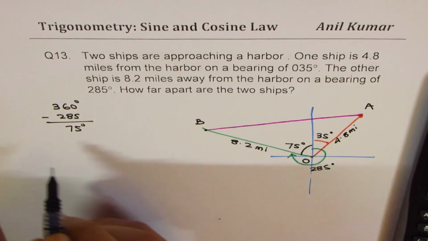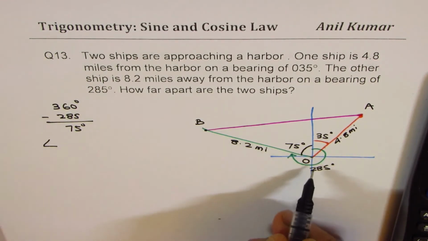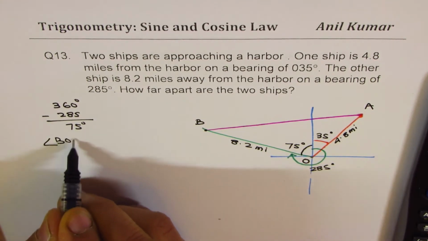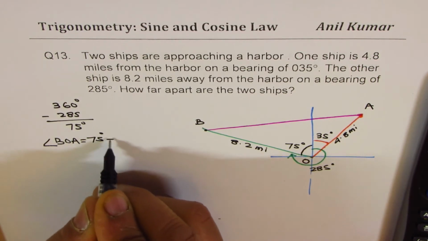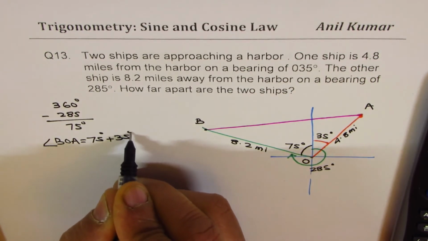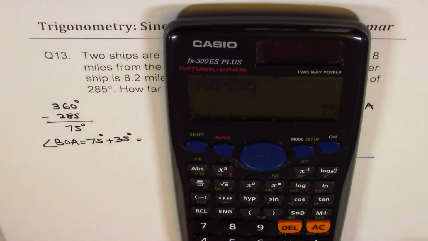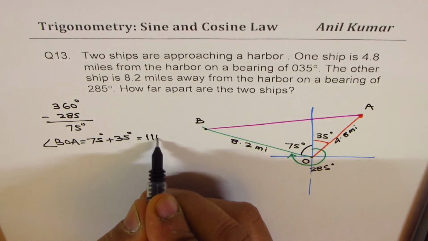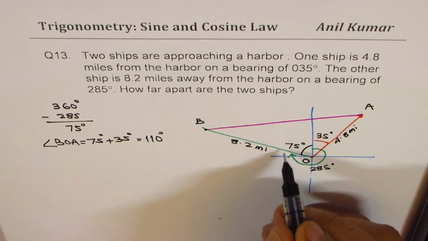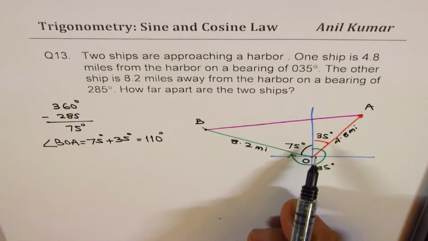So the angle BOA is equal to 75 degrees plus 35 degrees, which is 110 degrees. So the total angle here is 110 degrees.